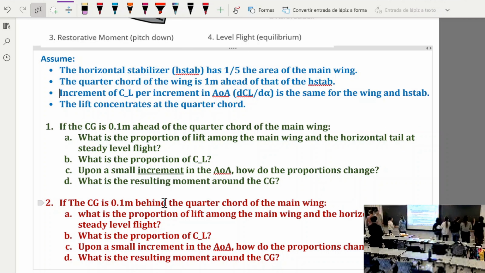By proportion of CL, just the ratio of lift coefficient, right? So here you have a ratio of lift. Also figure out the ratio of CL. Oh, because we have the relative areas, right? Yes, you have the relative areas.